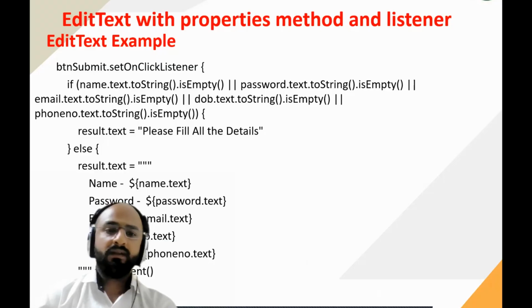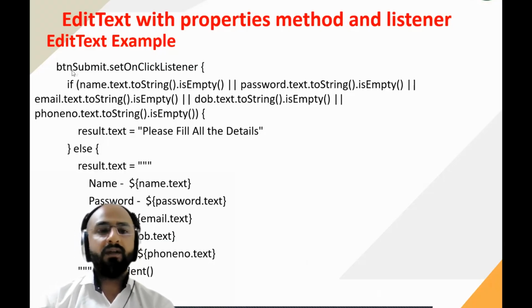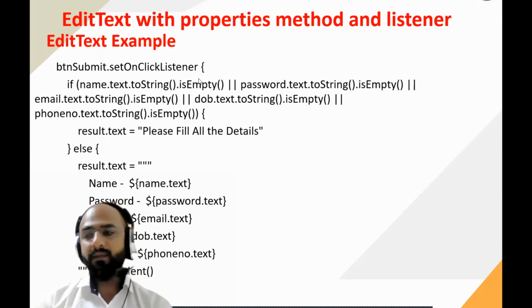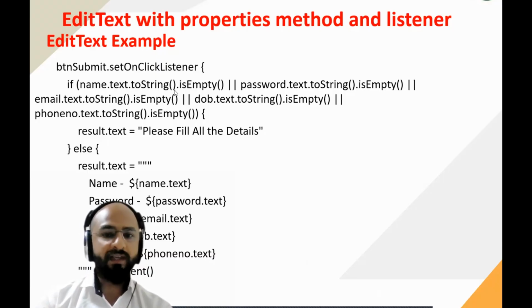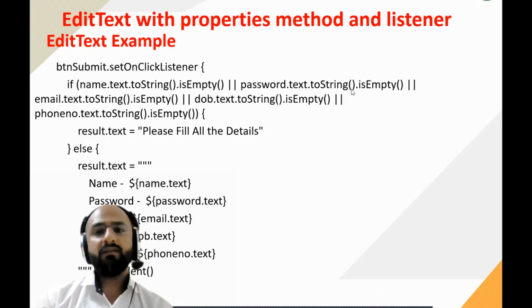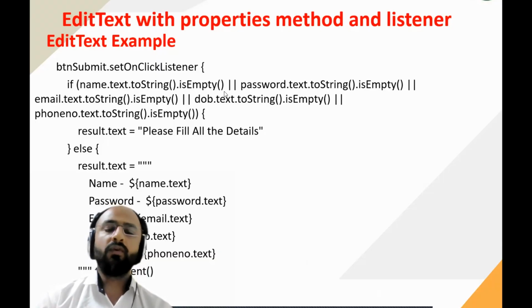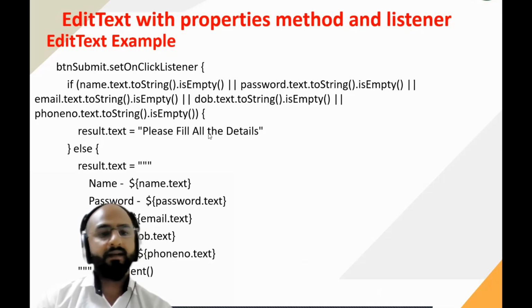See over here, I have written button submit dot setOnClickListener, means when the user clicks on that button, it will check for the condition if name.text.toString().isEmpty() और जो है ये जो लॉजिकल ऑपरेटर है, पासवर्ड डॉट टेक्स्ट डॉट टू स्ट्रिंग डॉट इज एम्प्टी, और ईमेल इज एम्प्टी, और डेट ऑफ बर्थ इज एम्प्टी, और फोन नंबर इज एम्प्टी. और का मतलब क्या होगा, इसमें से अगर कोई एक भी एम्प्टी रहेगा तो रिजल्ट टेक्स्ट में क्या रहेगा, प्लीज फिल ऑल द डिटेल्स. ठीक है, ऐसा भी आप कर सकते हो.